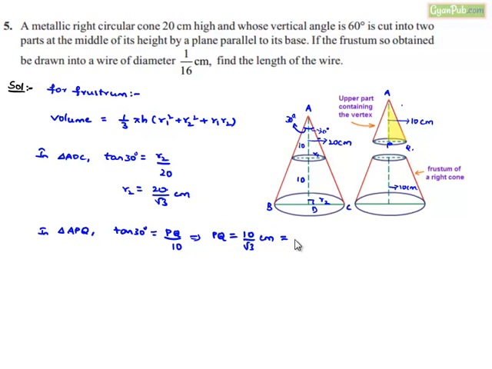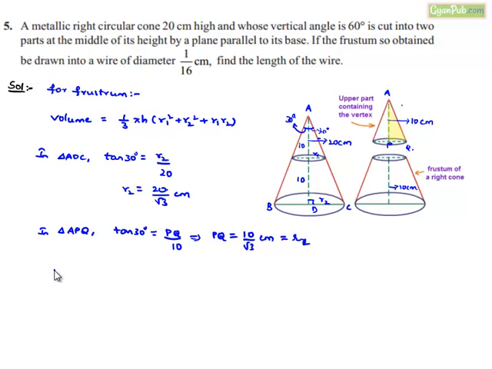Here PQ is the radius of the smaller cone, and let this be R1. So here we got the R1 and R2 for the frustum.